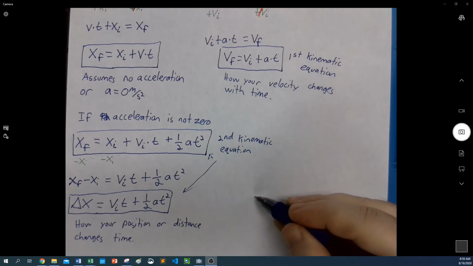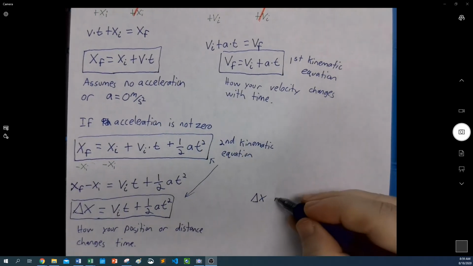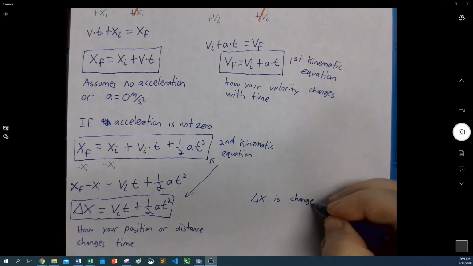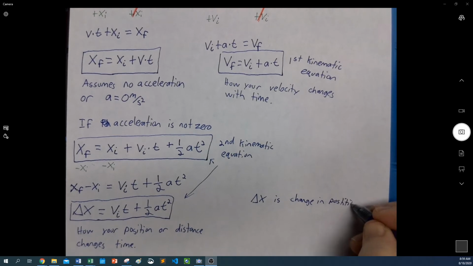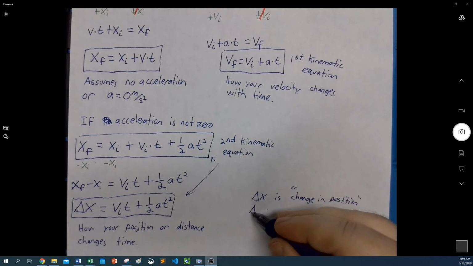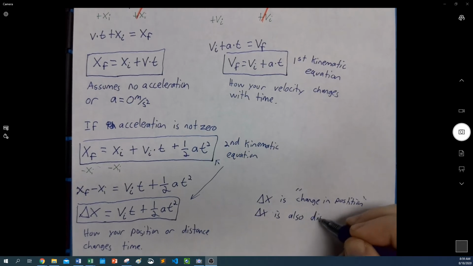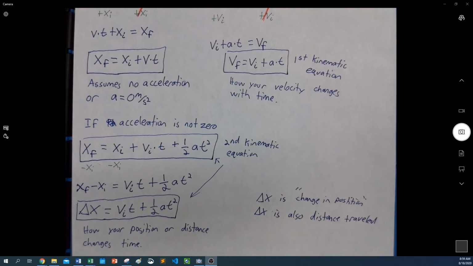Note that I will also say delta x is change in position. Delta x is also distance traveled. So I will call delta x your distance. It's also your change in position. That's how much you change by.